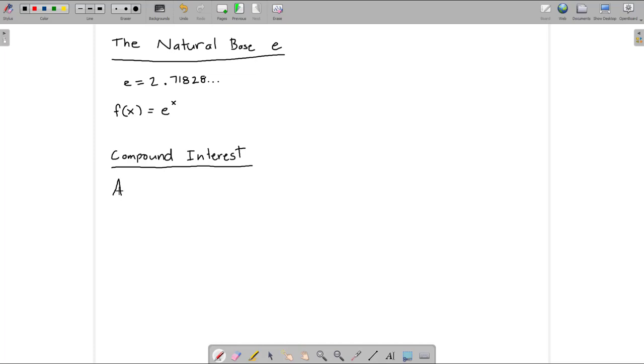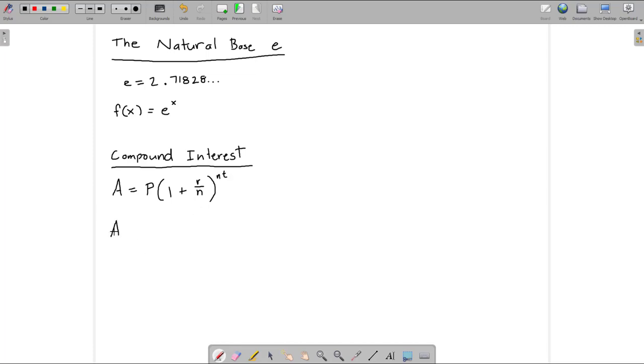So we have a nice formula to calculate that. A equals P times 1 plus r over n to the nt power.